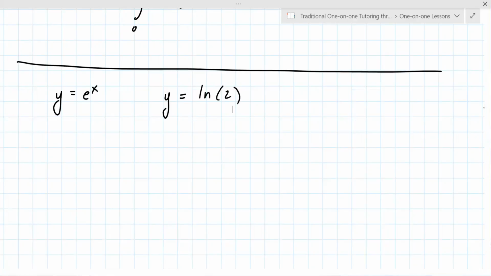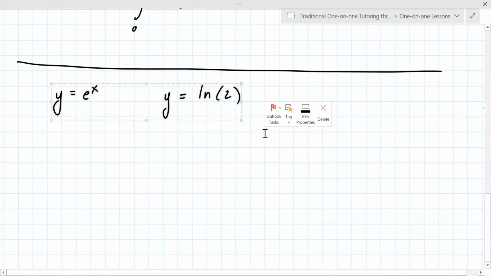Let me actually graph that to make sure it's reasonable. That's not reasonable. Actually, let me just change this. I'm trying to think of some other functions that might be more interesting. Let's not go with that.